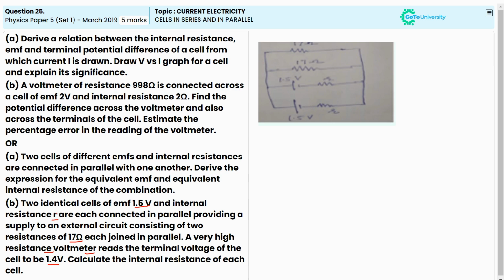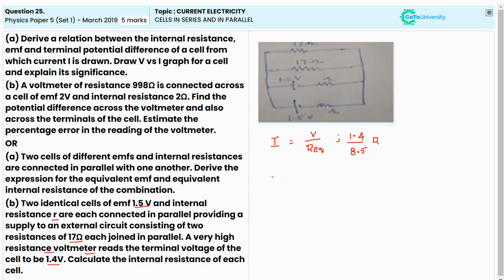Here we have the diagram. The two 17 ohm resistances are connected in parallel, with the 1.5 volt cells. Then we know that I is equal to V divided by R equivalent. This R equivalent is given by 17 ohms; since they are connected in parallel, we take R by 2. Then that is equal to 1.4 divided by 17 by 2, which is nothing but 8.5 amps.